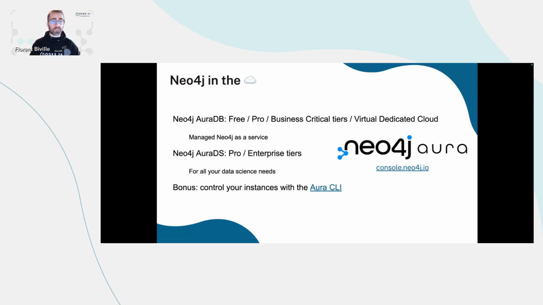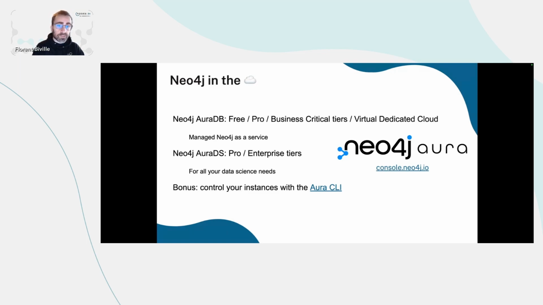But we also have a managed offering called AuraDB, and you have different tiers. So there is a free tier, which is completely free of charge, no credit card required. And then depending on the level of operation constraints you have, you might switch from Pro to Business Critical to maybe Virtual Dedicated Cloud.